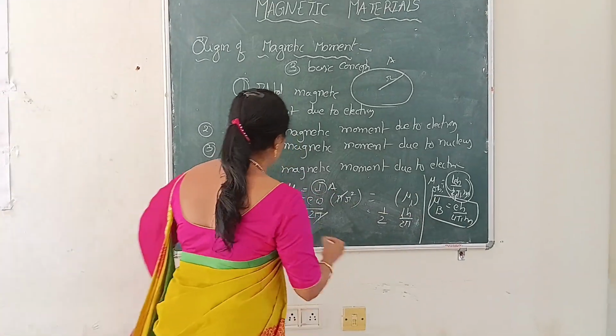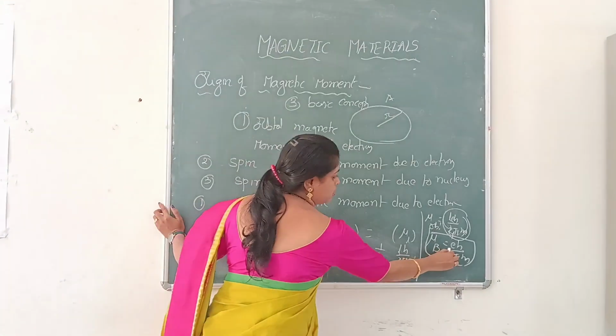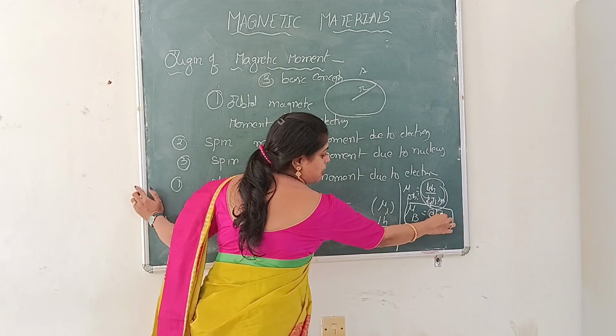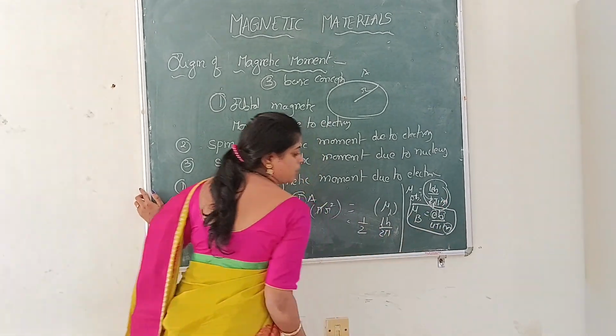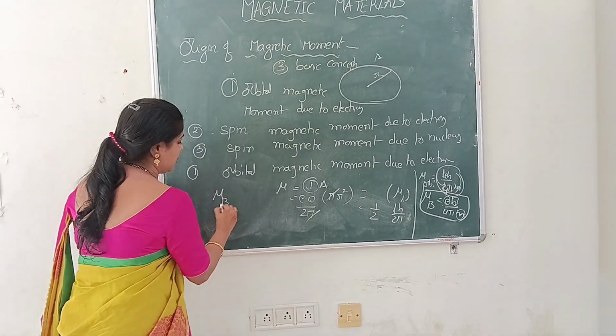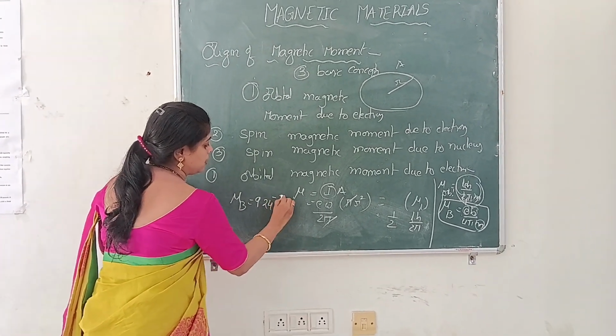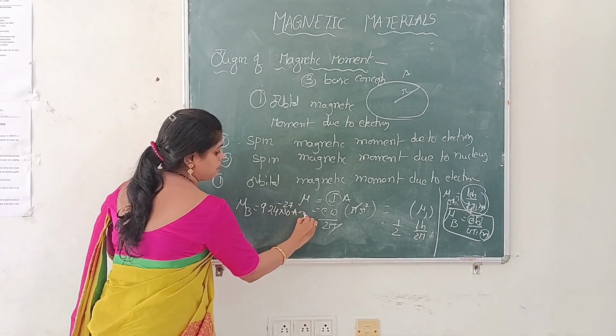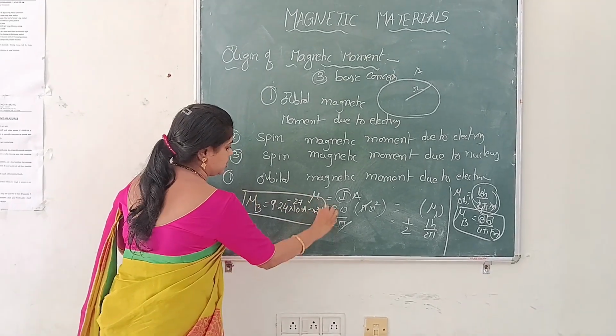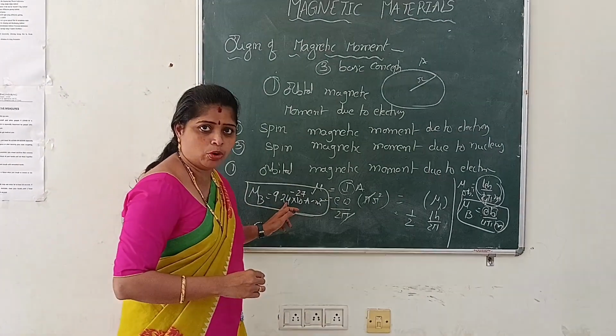What is the value of the Bohr magneton? By substituting the value of e, h Planck's constant, and m the mass of the particle, we can get mu B equals 9.24 into 10 power minus 27 ampere meter square. This is the value for the Bohr magneton.